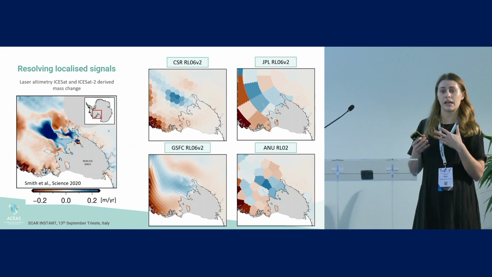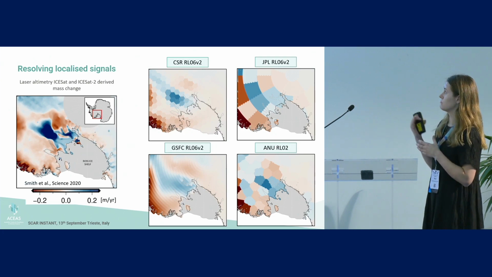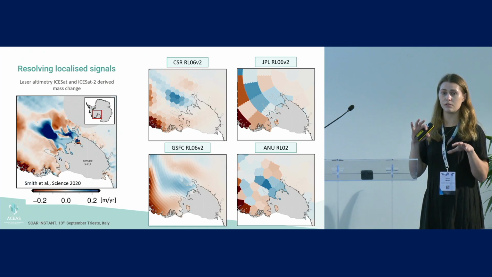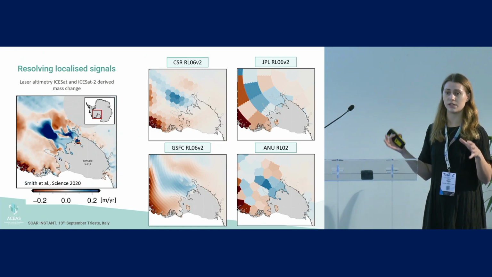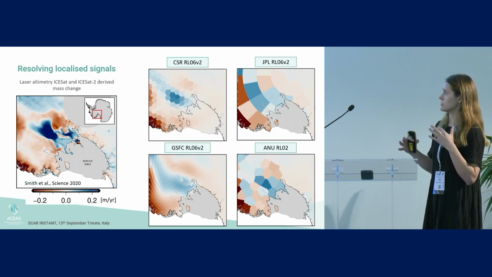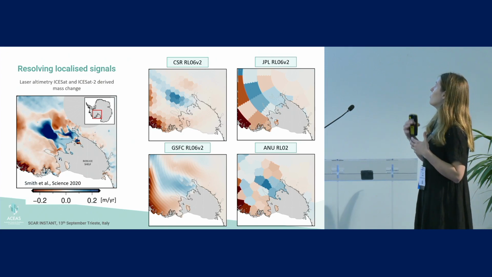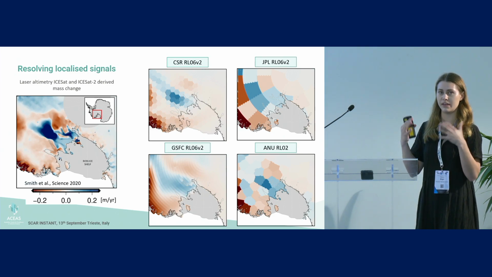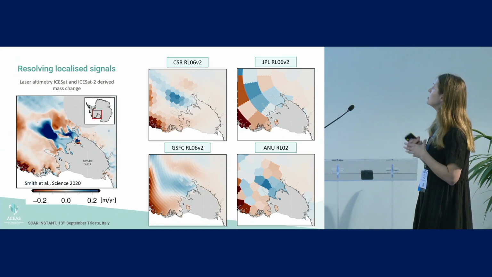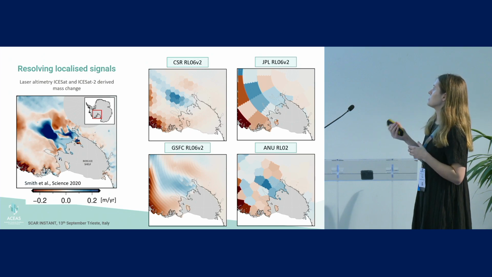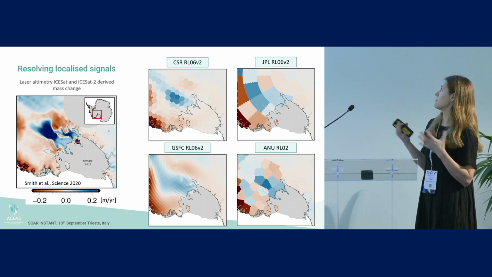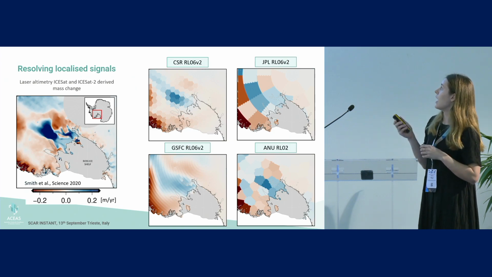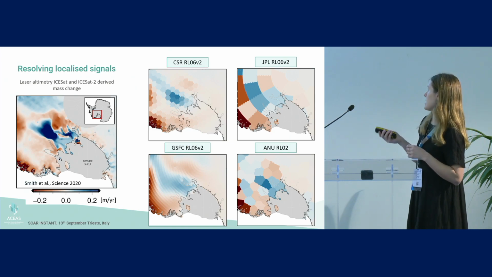That's due to things like how we constrain our solutions. Some, for example Goddard, use spatial and temporal constraints on their solutions, which causes some smoothing, whereas in our solutions, we try to reduce the need to use those constraints as much as possible. And what we end up with is being able to resolve as well as we can, with the size of the mass cons that we use, the spatial pattern of Kamb ice stream mass gain.